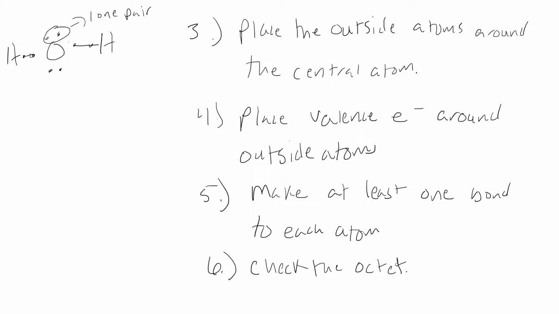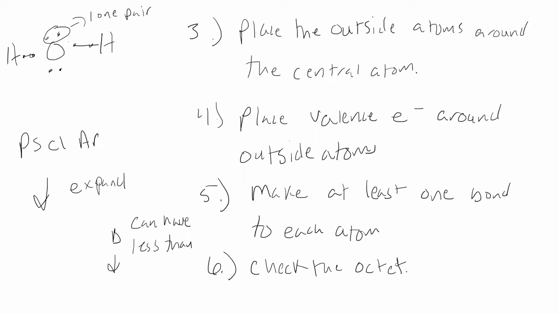Now, there are some examples that can go beyond 8 and some that can go below it. Some such examples would be P, S, Cl, Ar, and down. They can expand beyond 8. As far as boron and down, they can have less than 8. So keep that in mind when we're doing these.